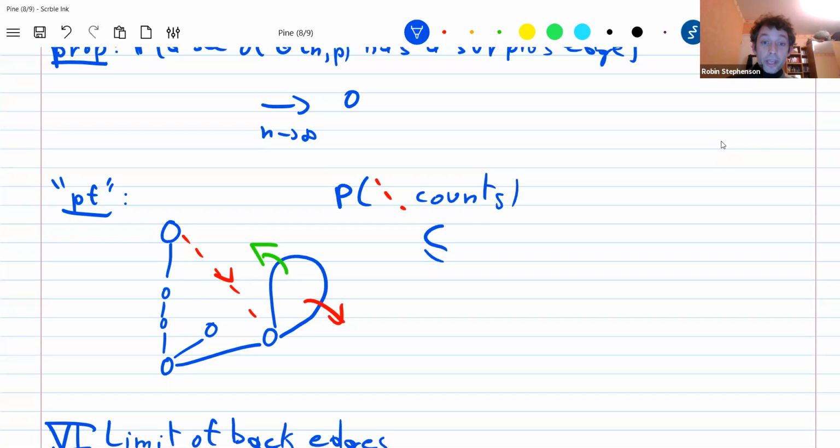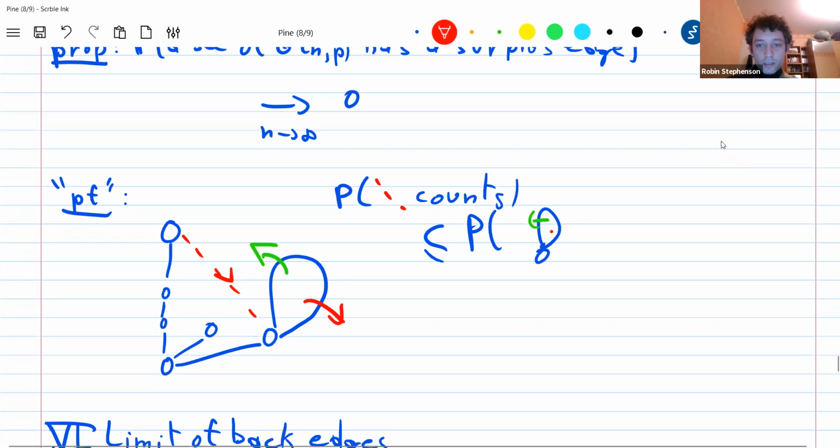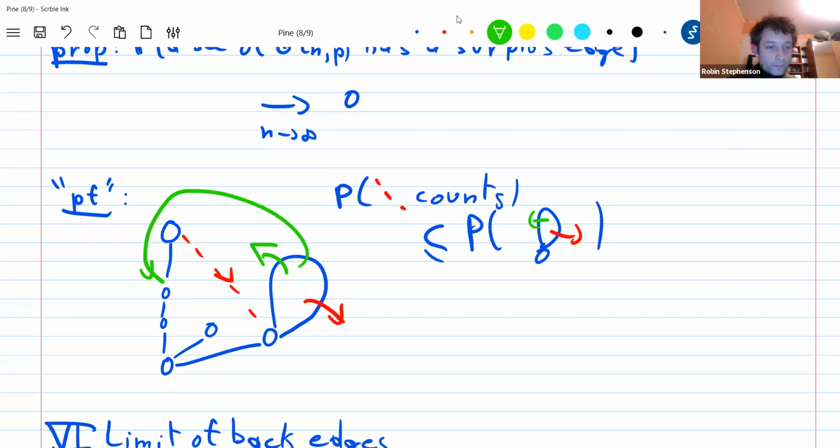So it's smaller than the probability that we have a green, green goes the other way, green or red edge happening. That's an or. We just need at least one of those happening. The most nice thing we could have, shouldn't have erased that, would be something like that.